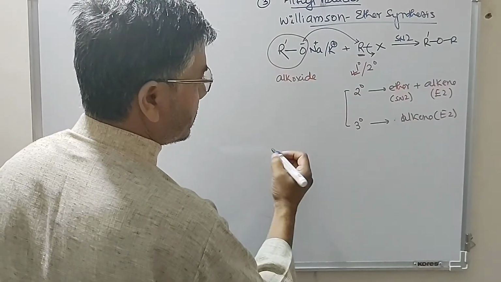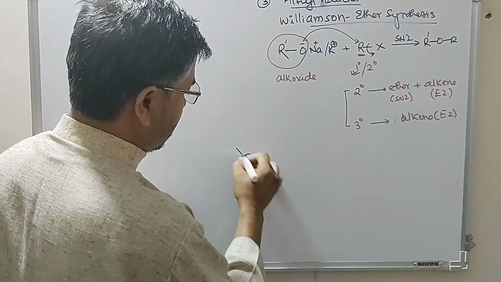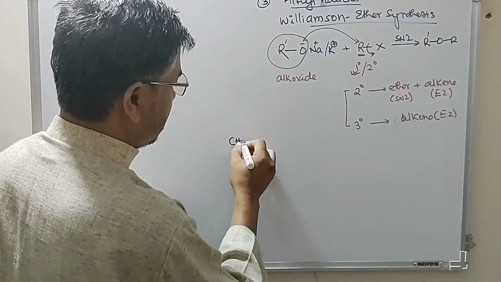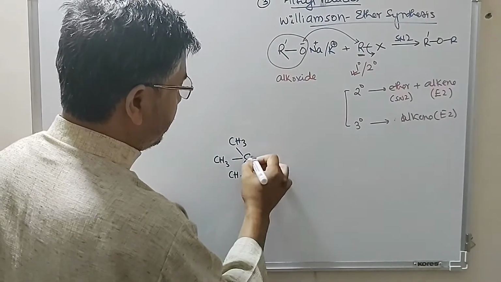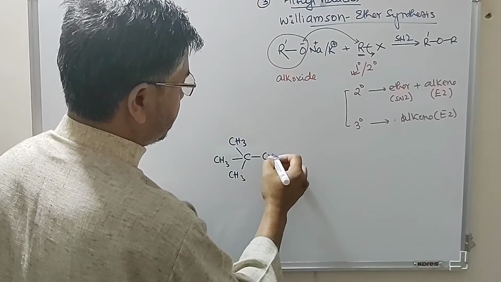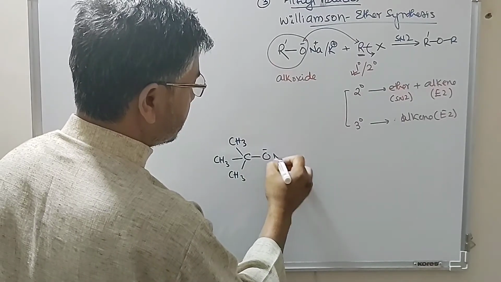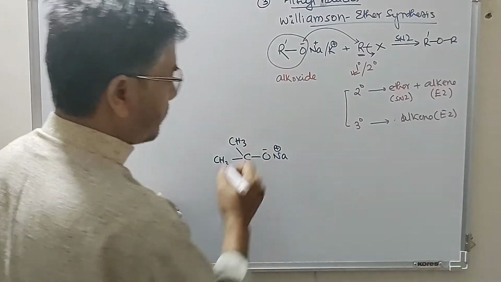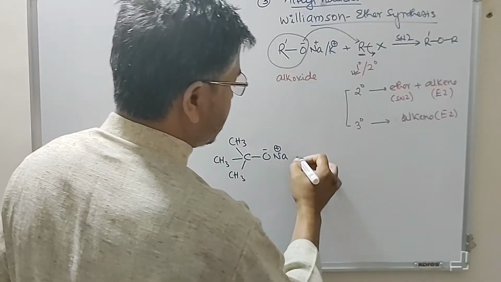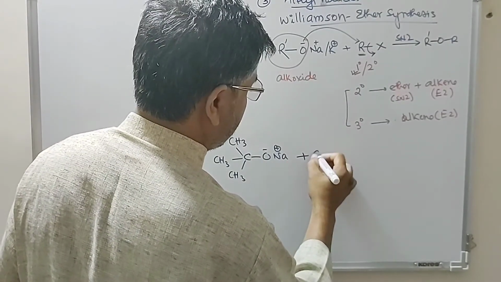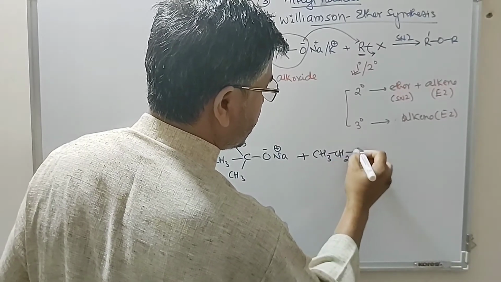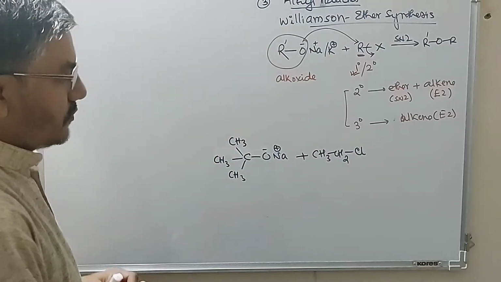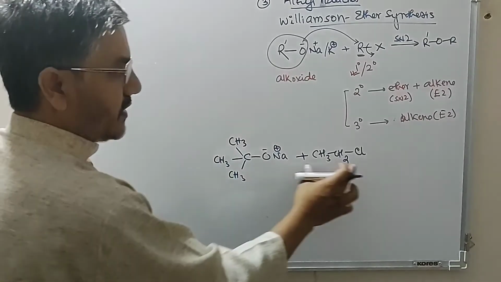Suppose, look at this, we have this, which reacts with CH3CH2Cl; we have alkoxide ion, we have alkyl halide.